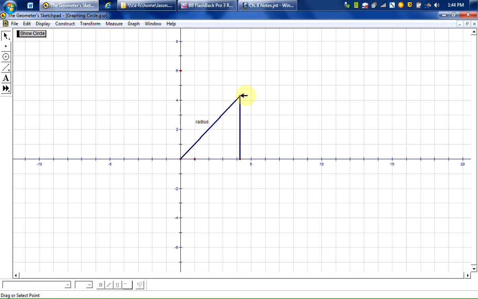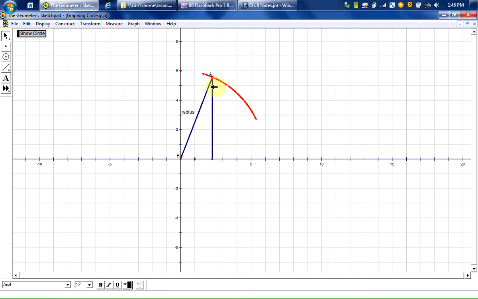And what I'm going to do is keep this radius or hypotenuse the same size, but I'm going to change the legs of this right triangle. What this is doing is, in the distance formula, actually the distance from the origin to this point out on the end of this radius, A. So the distance AB is remaining constant. It's just swinging around because it's a radius of the circle.